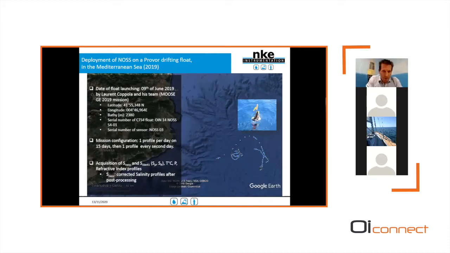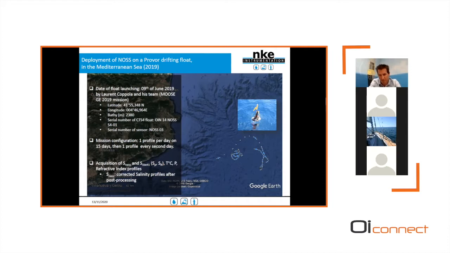Now I will show you some results of a demonstration of the NOSE sensor on a new generation of profiling drifting floats in the Mediterranean Sea. In 2019, we configured a mission of the NOSE sensor mounted on a profiling float as follows: one profile per day for 15 days, and then one profile every second day.